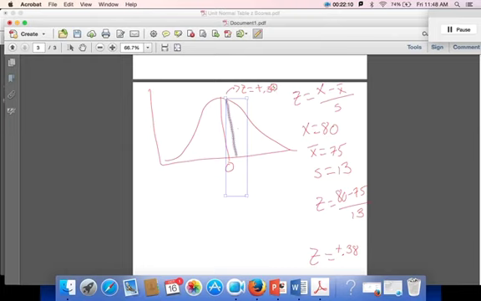So again, how did I come up with positive 0.38? Again, I took my score minus my average divided by my standard deviation to give me that particular value there. So here I knew that my z-score should have been positive because my raw score is above the mean. That automatically tells me that's a positive value. Dividing it by 13 in this particular case, which is my standard deviation.